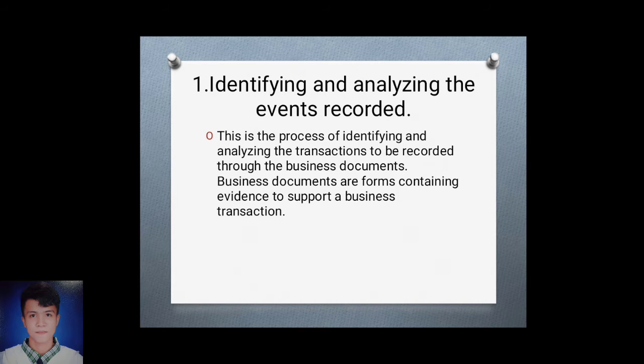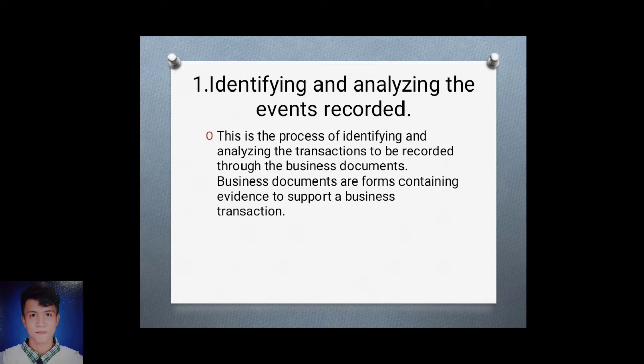First is number one, identifying and analyzing the event recorded. This is the process of identifying and analyzing the transactions to be recorded through the business documents. Business documents are forms containing evidence to support a business transaction.